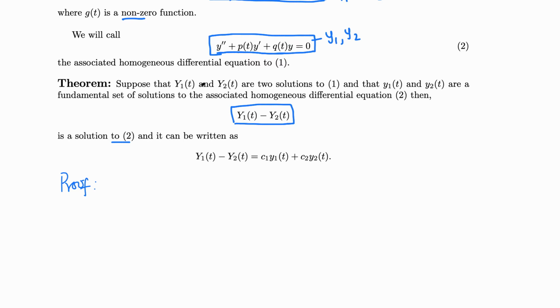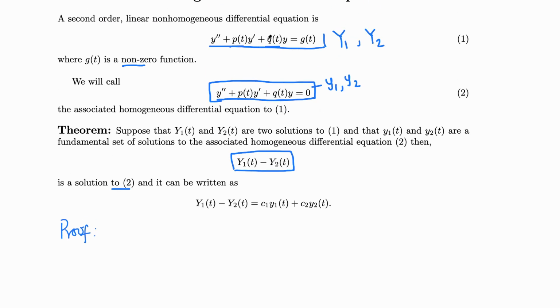Y1 is a solution and Y2 is a solution of 1, which means we can replace little y by Y1 and we still get the right hand side, and we replace y by Y2, we still get the right hand side.